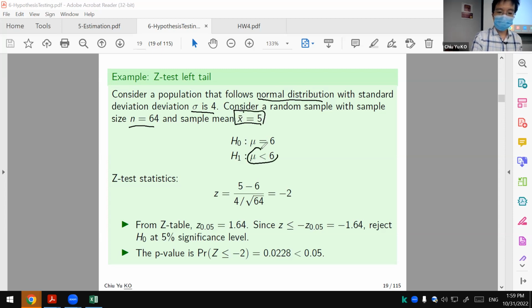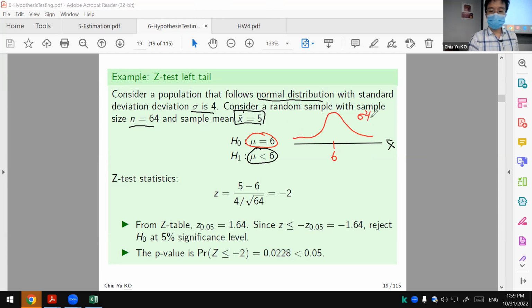So under normality, this is what we know. We have X bar, and if the null is true, this must be the case.